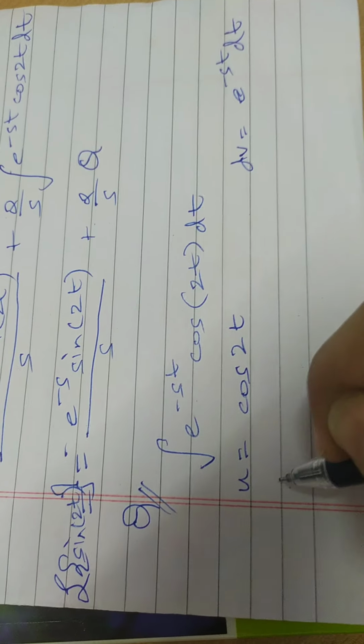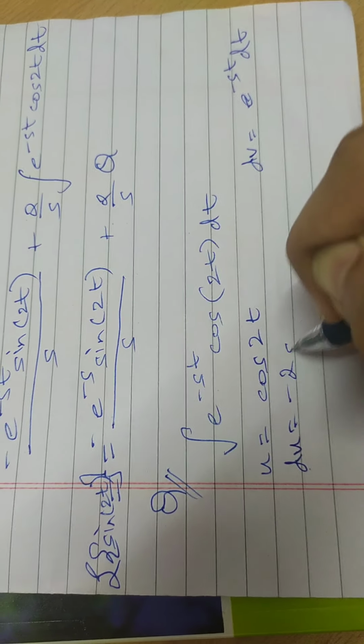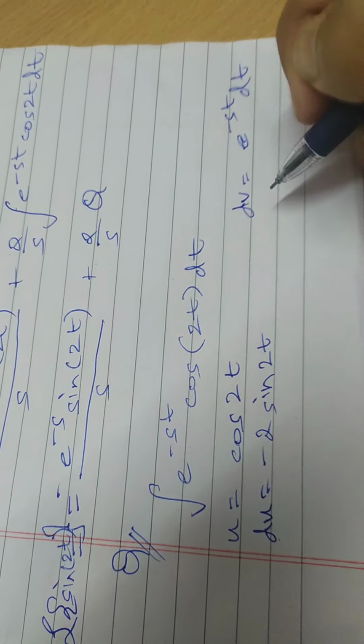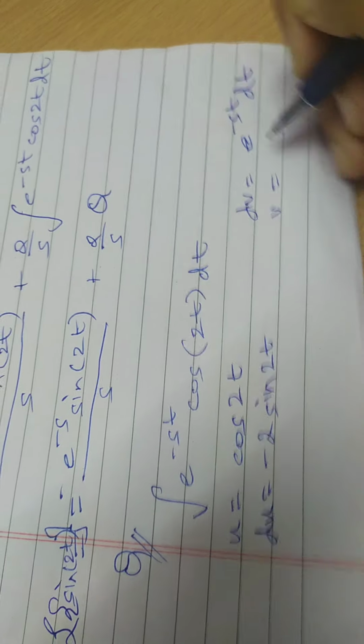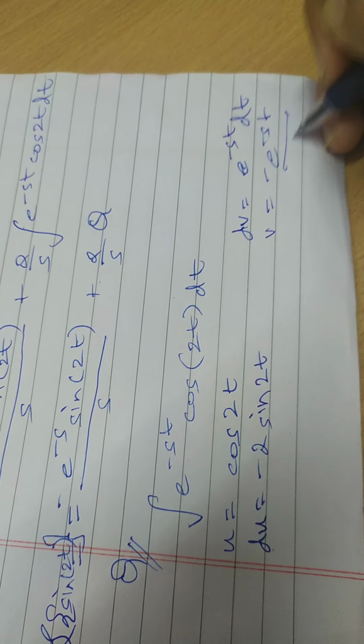So now du becomes minus 2 sine 2t and v will remain the same as last time, minus e power minus st by s.